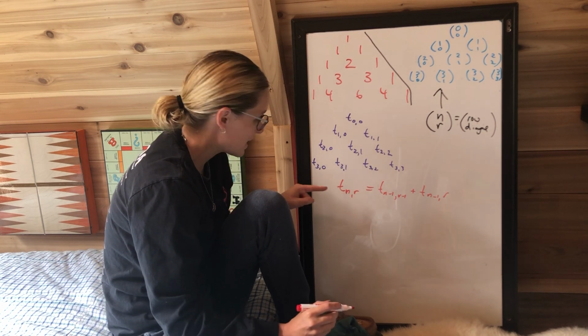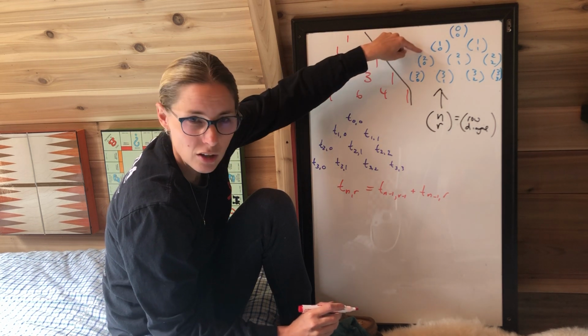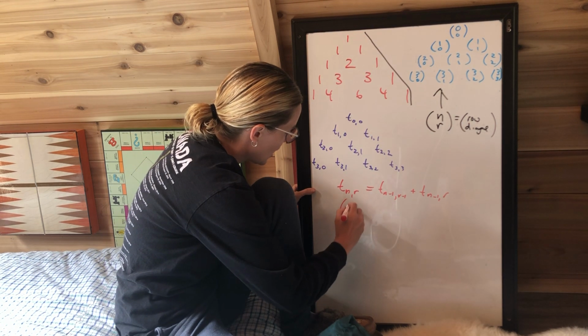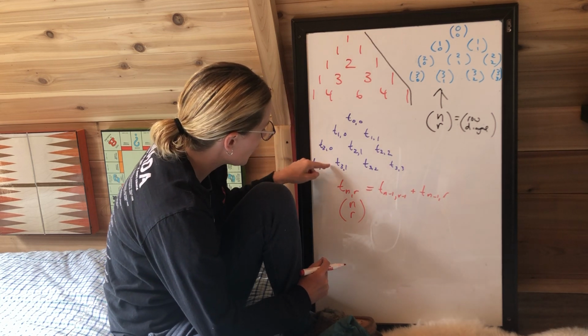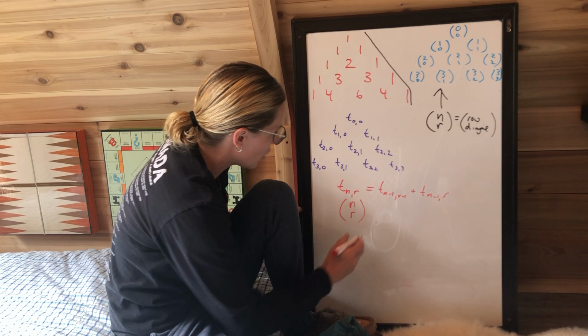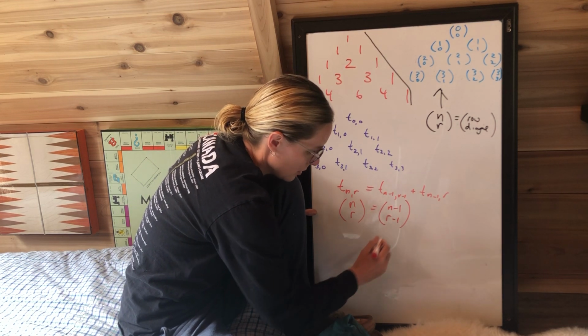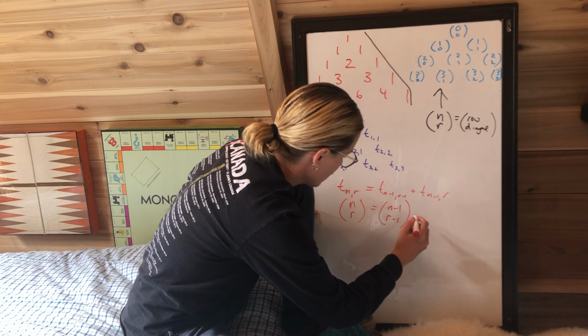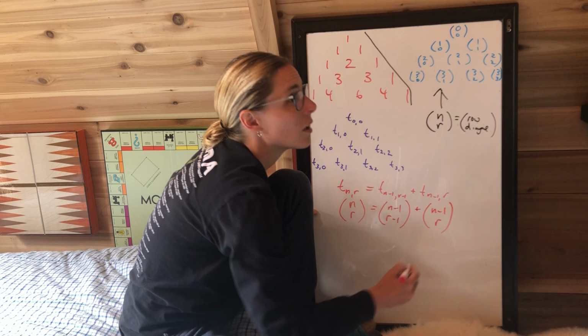We're going to use that exact same identity and apply it to the combination form. So now we're saying n choose r, same as here where we said this is term n, r. Well, n choose r is going to be equivalent to n minus 1 choose r minus 1 plus n minus 1 choose r.